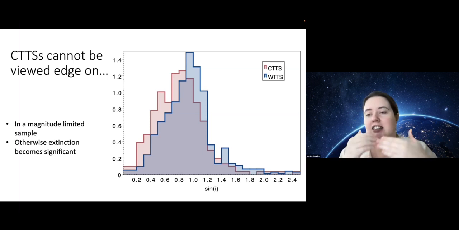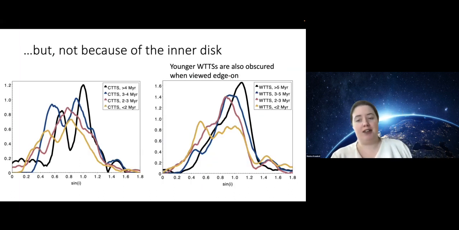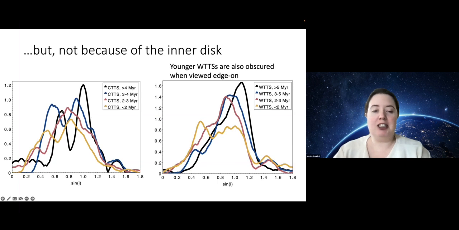But there's a bit more to it than that. It's not necessarily an effect of the disk itself, but rather more of an age-dependent effect. Because if we look at the sin i distribution, both for the stars with disks and the stars without disks, split up by age, we see the same bias against edge-on systems at the younger stars without disks as well.